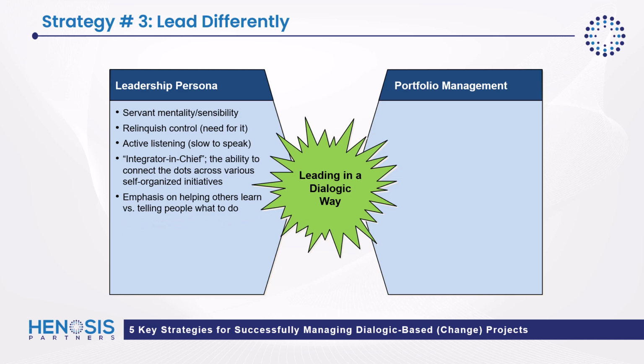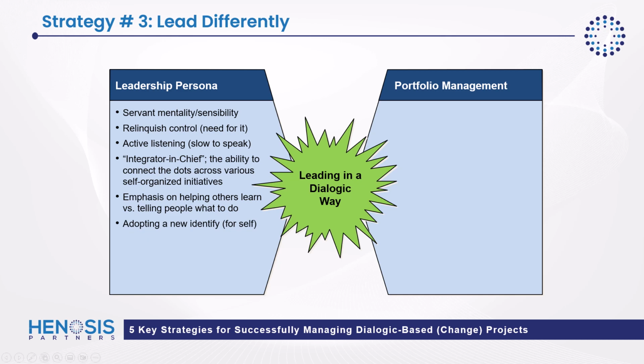And getting leaders to exhibit a servant mentality, to relinquish control, to actively listen to others, and connect the dots across various initiatives and emphasize helping others learn, what we're effectively asking of leaders within organizations is to adopt a new identity for oneself.